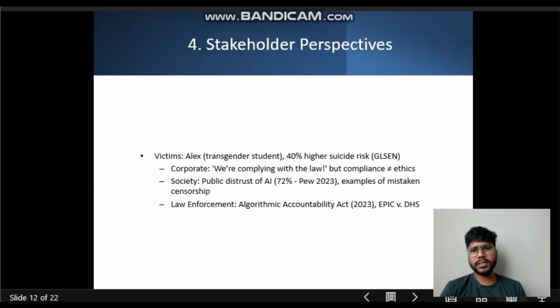In EPIC versus DHS, back in 2022, a federal court ruled that the U.S. Department of Homeland Security's facial recognition system violated privacy laws. Similarly, Blocker Plus could face litigation under the Algorithmic Accountability Act back in 2023, which mandates bias audits for high-risk AI systems.